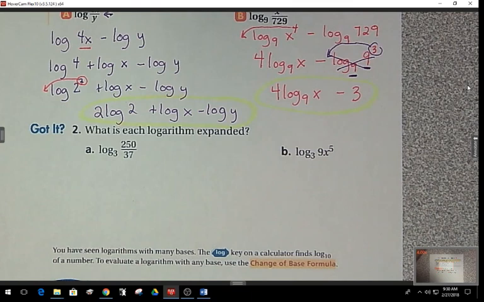All right, so now there are 2 for you to try. You may need to pause so you can work them on your own and then come back and check with mine. I'm going to go through and quickly work this here.